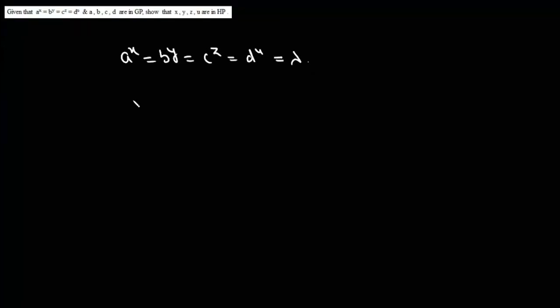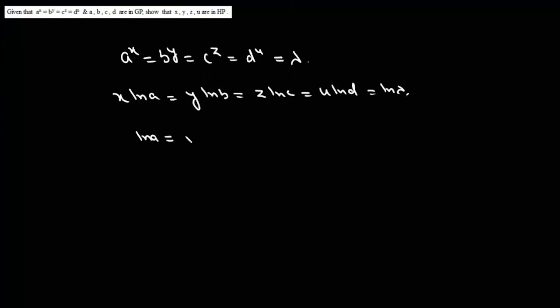Then if we take log, we can write x log a equals y log b equals z log c equals u log d equals log lambda, or log a equals log lambda upon x, log b equals log lambda upon y, log c equals log lambda upon z, and log d equals log lambda upon u.